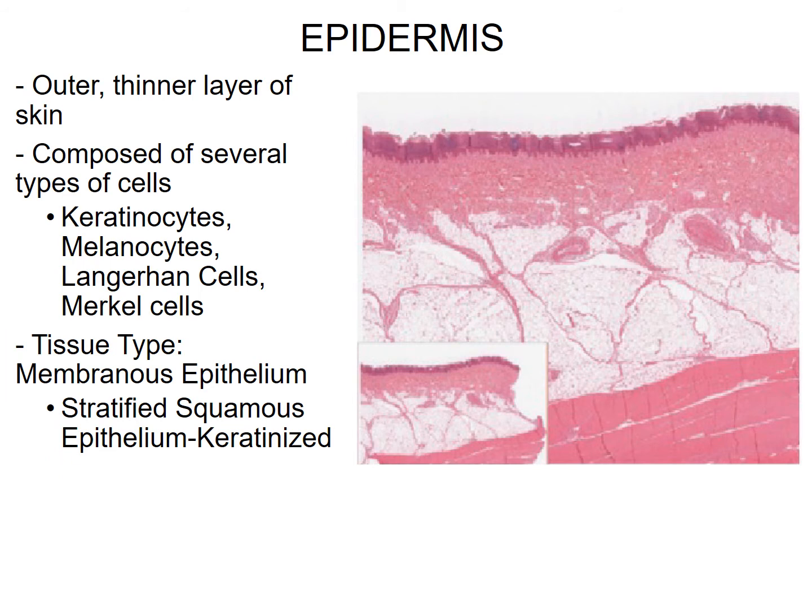A couple more things to add about the epidermis. Once again, it's the outer layer. It's the most superficial layer, pretty thin compared to the dermis, the large part of the skin. We're going to have several different cells throughout the epidermis. We're going to introduce that very shortly, and their functions. And then once again, their tissue type is the stratified squamous epithelium.